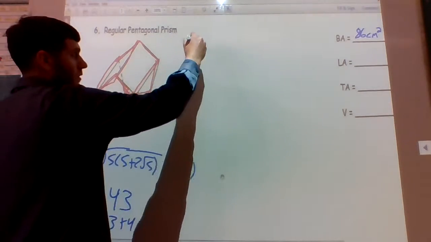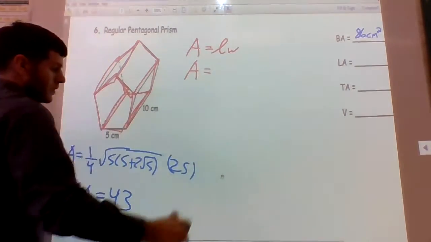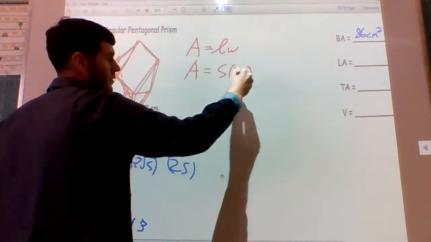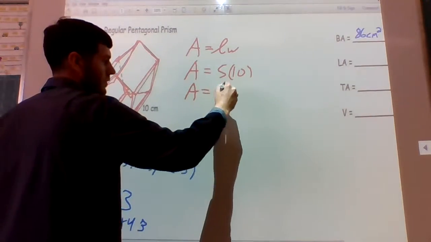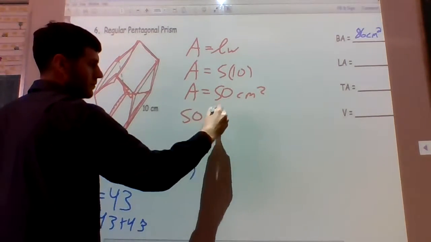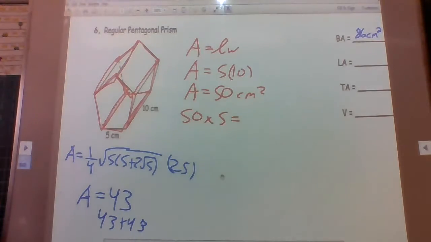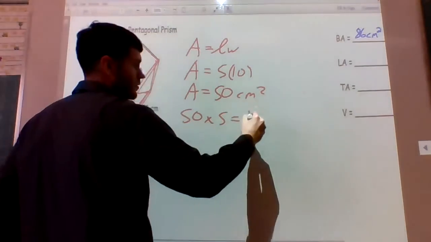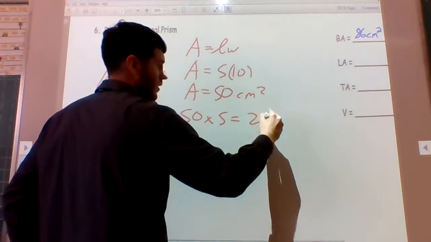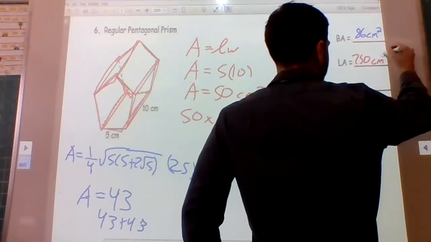Each rectangle's area is length times width, so each one is going to be 5 by 10, which is 50 centimeters squared. And again, there are 5 of them, so you can do 50 plus 50 plus 50 plus 50 plus 50, or 50 times 5, which is 250 centimeters squared.